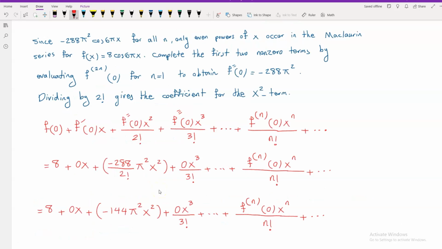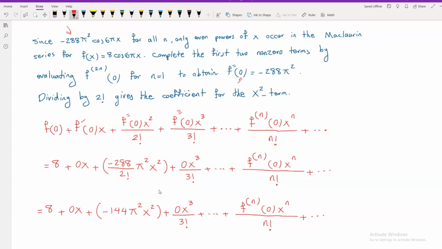Since -288 pi squared cosine 6 pi x for all n, only even powers of x occur in the Maclaurin series for f of x equal to 8 cosine 6 pi x. So this one was second derivative. Complete the first two non-zero terms by evaluating even derivatives when x is 0 for n equal to 1 to obtain second derivative.